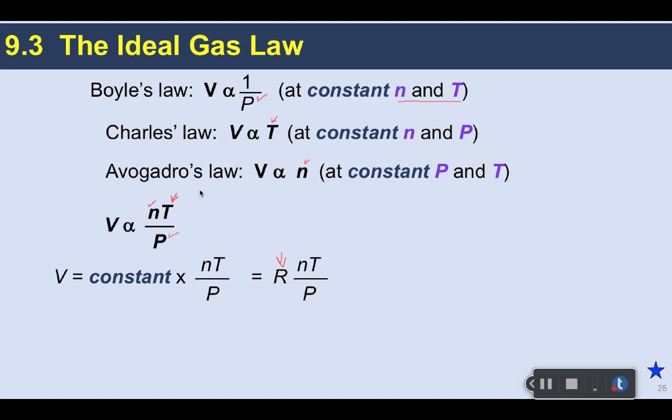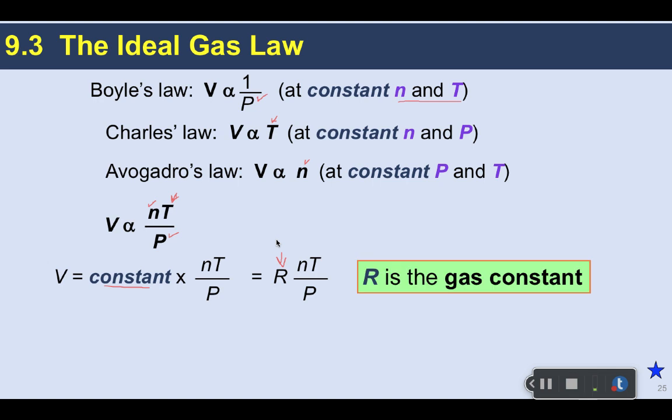Those combine together to tell us that there's going to be a constant times those things in that ratio, and that constant is going to be described as R. We call it the gas constant.